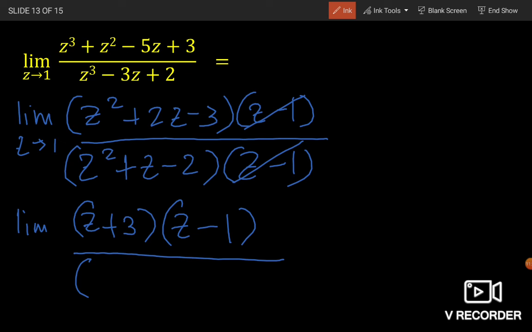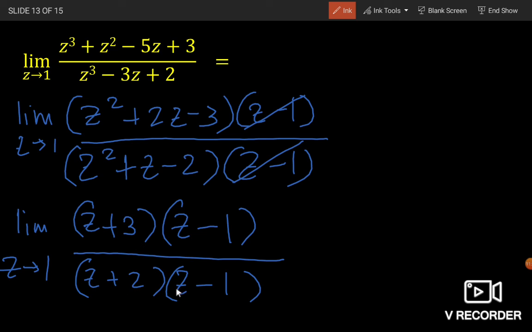Again, let's factor it. Let's just put here z approaches 1 before we forget. So we get z here and z here. Let's see if z minus 1 works and plus 2 here.